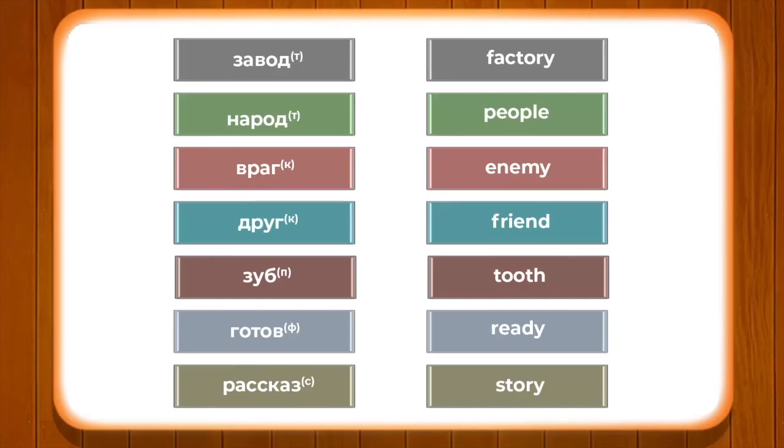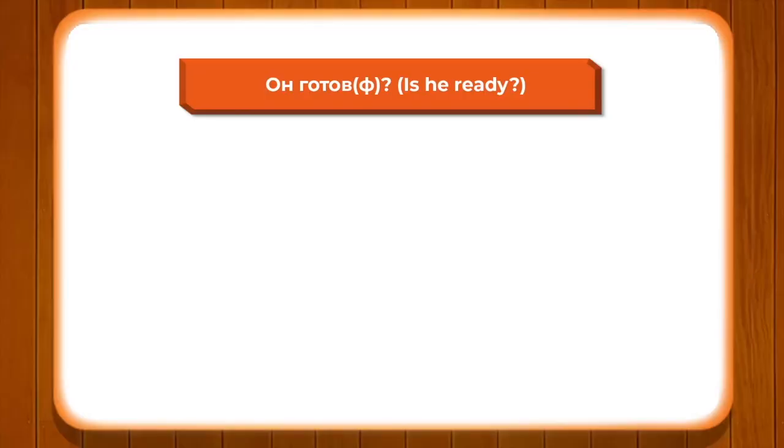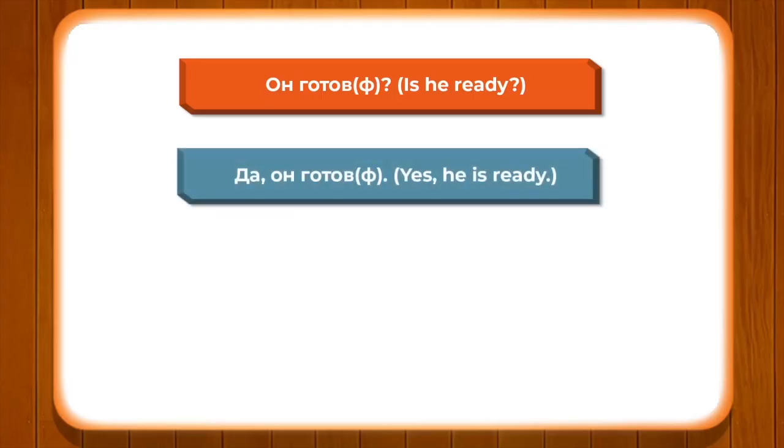Okay? So, let us go ahead and look at certain examples. Here we have simple sentences. For example, on gatov. Here the sound of f is heard at the end, on gatov. So, it is changing, and the answer is da, on gatov.